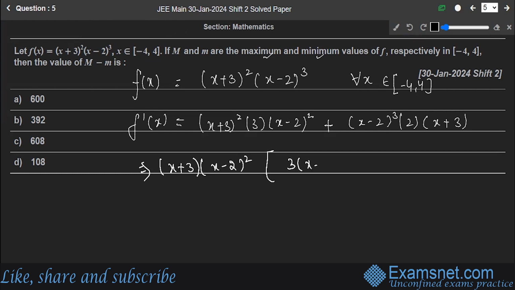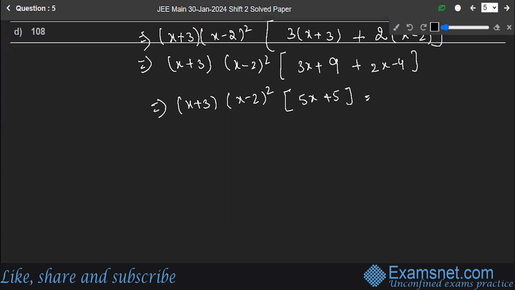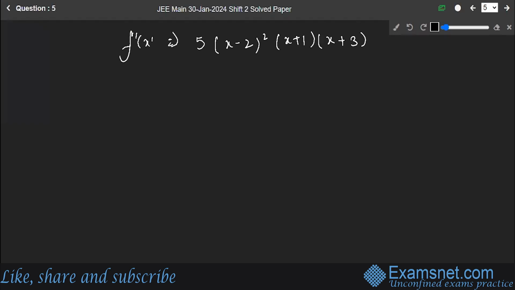So this will be 3(x plus 3) plus 2(x minus 2). This will be 3x plus 9 plus 2x minus 4. This will be (x plus 3)(x minus 2) whole square, 5x plus 5, or taking 5 outside, 5(x minus 2) square (x plus 1)(x plus 3). This is your f dash x.